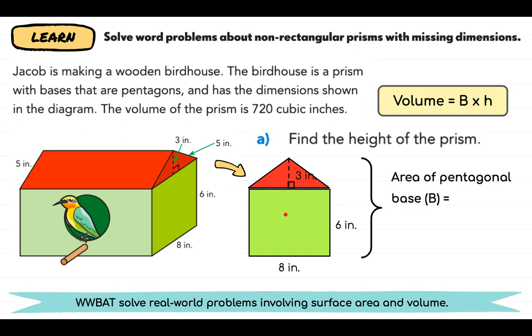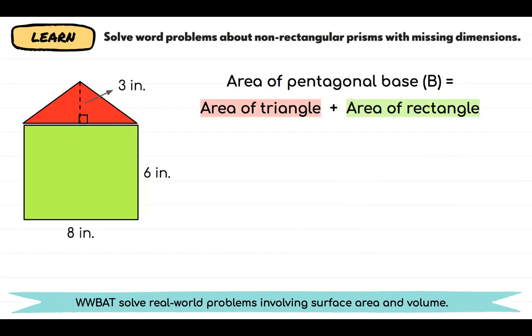So to find the area of this pentagonal base, I can find the area of the triangle plus the area of the rectangle. So let's see how I am going to do that. I know that to find the area of a triangle, I can use the formula 1/2 times base times height, and I can replace the base with 8 inches and the height with 3 inches.